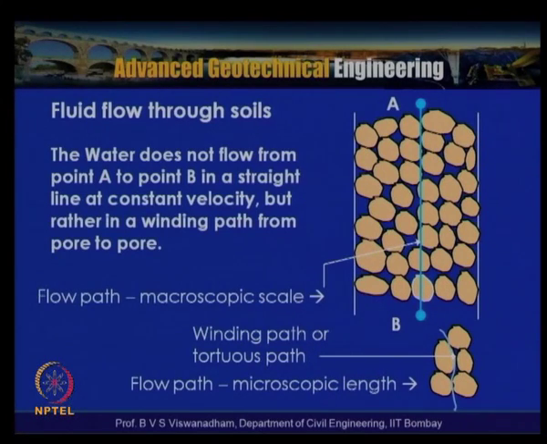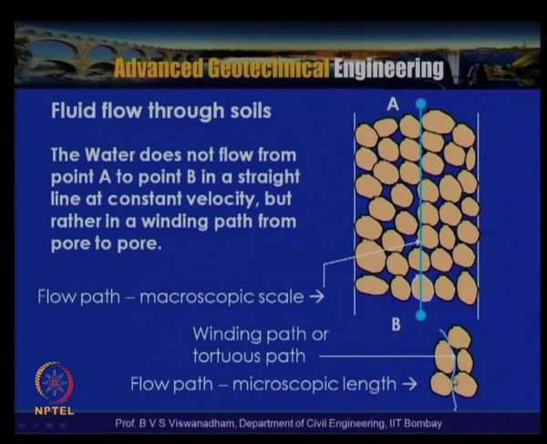If you look at this, the water does not flow in a straight line from point A to point B. In this slide, these are the soil solid particles, and point A and point B are shown here, and this is called the flow path, on the macroscopic scale. But in reality, from a microscopic point of view, this is the path subtended by the flowing water.